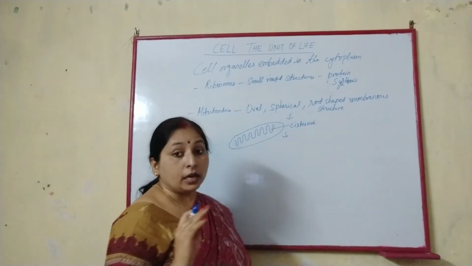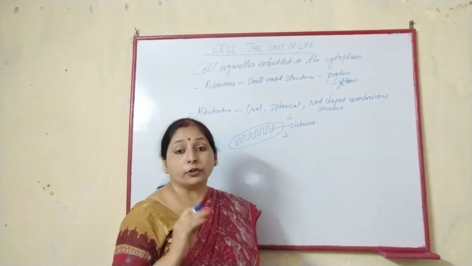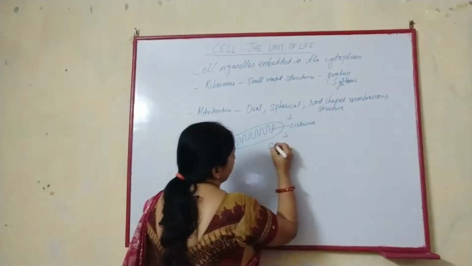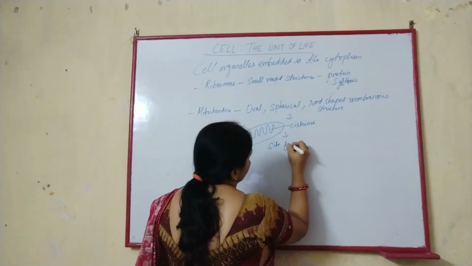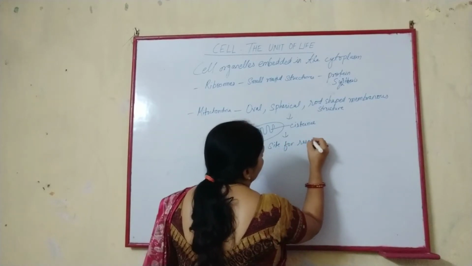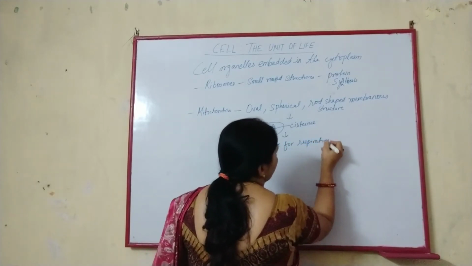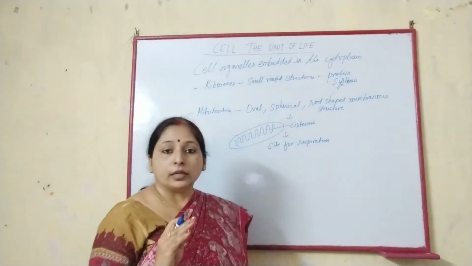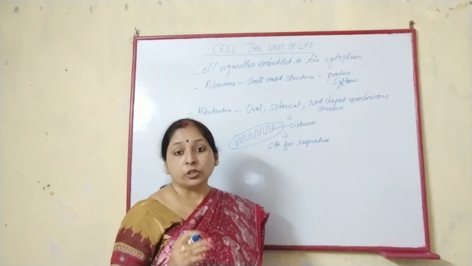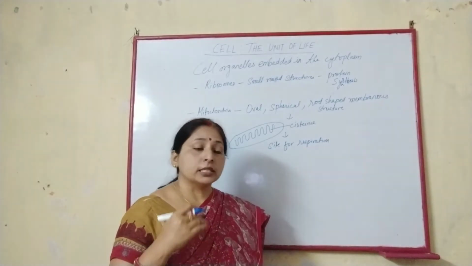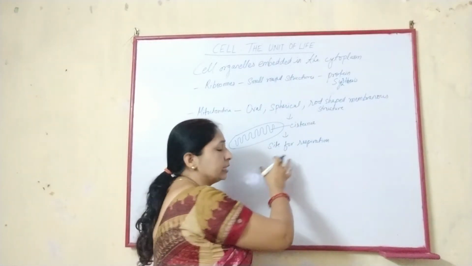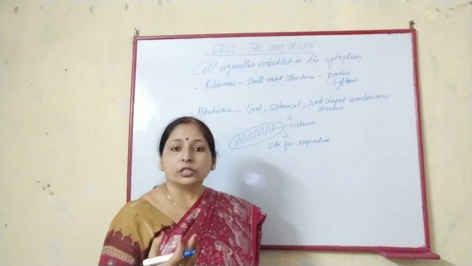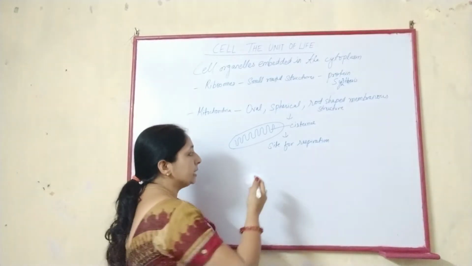Mitochondria are the site for respiration, and as we know, respiration is the physiological process in which food is broken down to release energy. Since energy is released in this process, mitochondria is responsible for releasing energy.